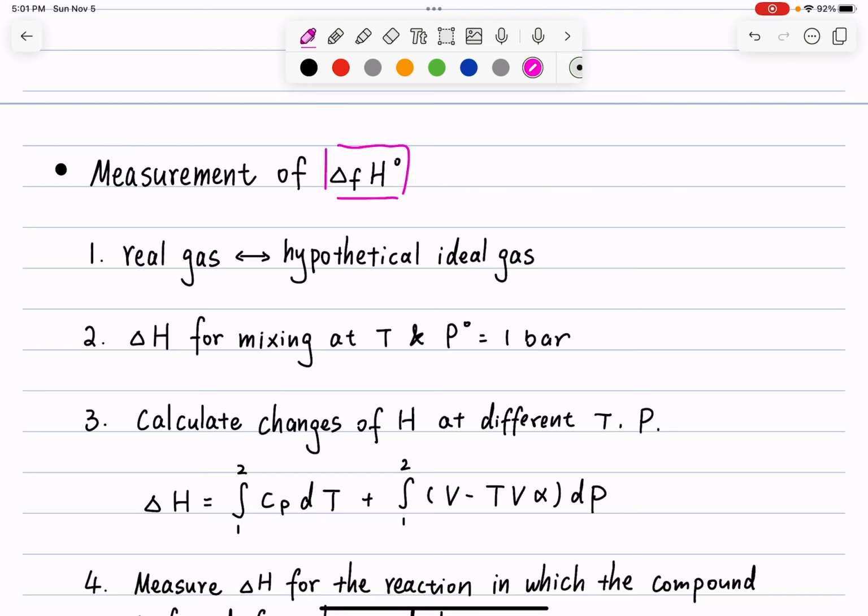So let's use the reaction of H2 gas plus 1/2 of oxygen gas to form H2O as an example.